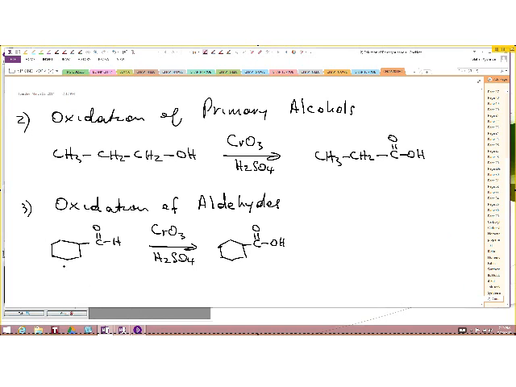You could also use silver oxide in ammonium hydroxide. If you recall the silver mirror test which we gave you earlier, that will give you this here, to give you the carboxylate.